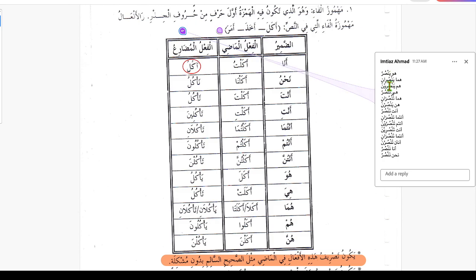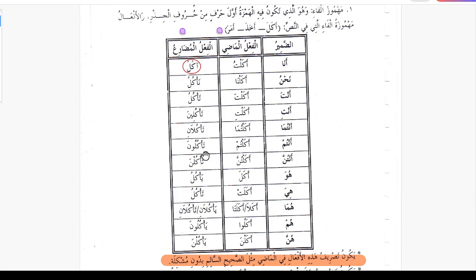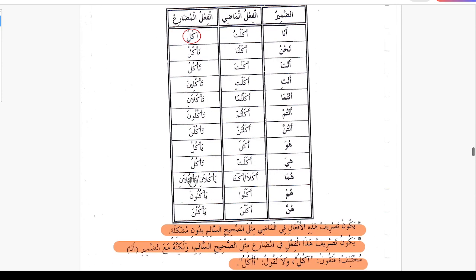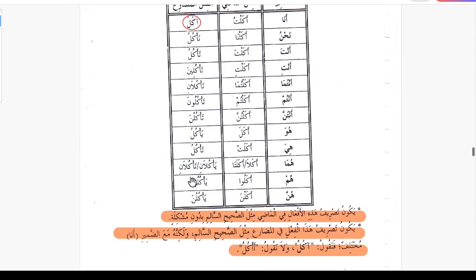Huwa yakulu, huma yakulani, hum yakuluna, hiya takulu, huma takulani, hunna yakulna, anta takulu, antuma takulani, antum takuluna, anti takulina, antuma takulani, antunna takulna, ana akulu, nahnu nakulu. If you look here, we don't find anything different.